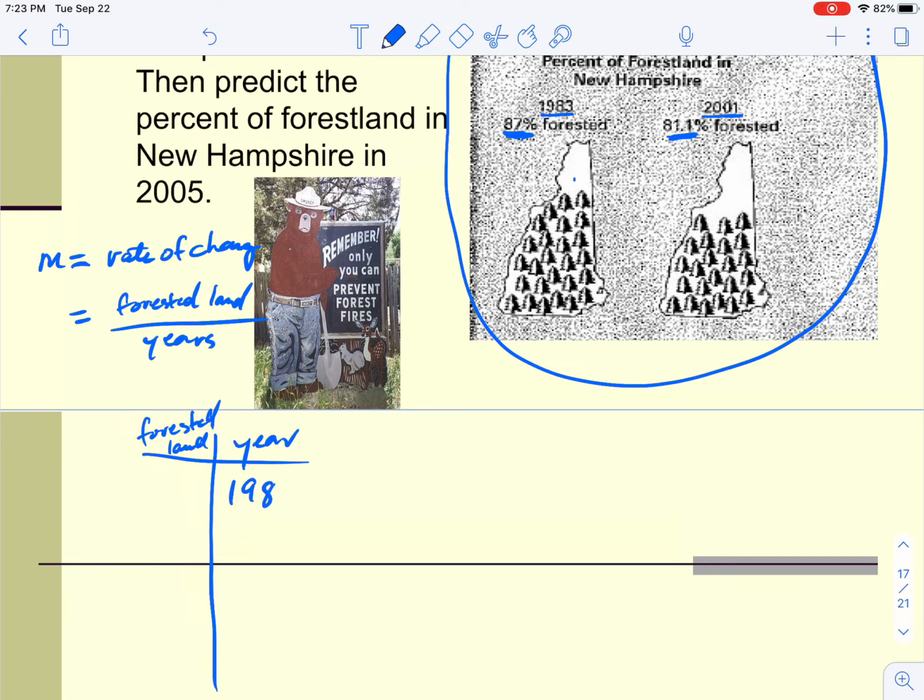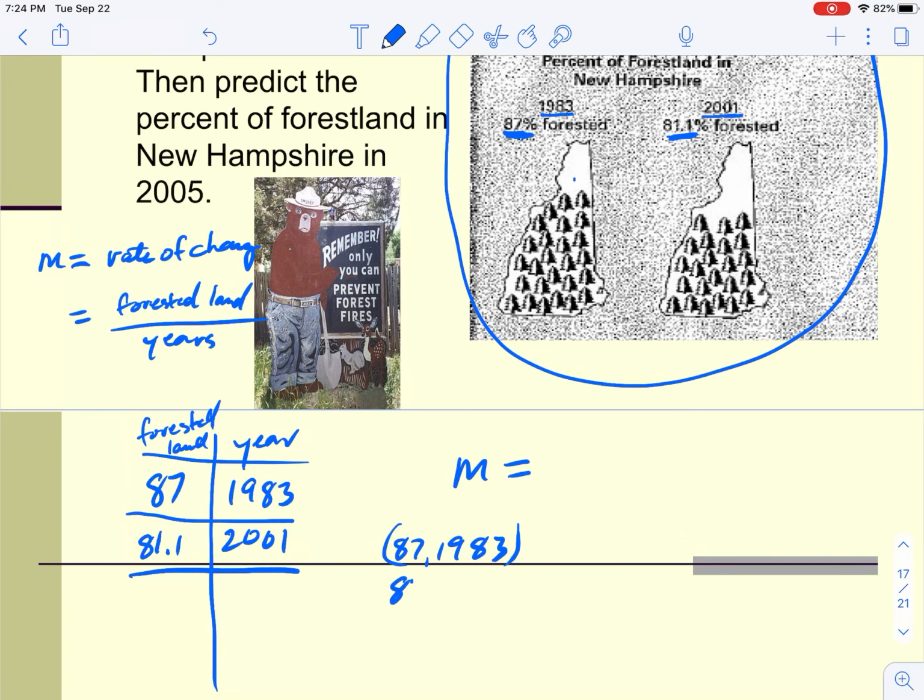I see in 1983 that there was 87% of the land in New Hampshire that was forested. 18 years later, in 2001, there's 81.1%. So in order to find the slope, what I can think of is it's either a table like this or it's an ordered pair like this.